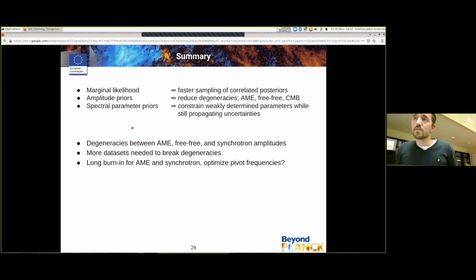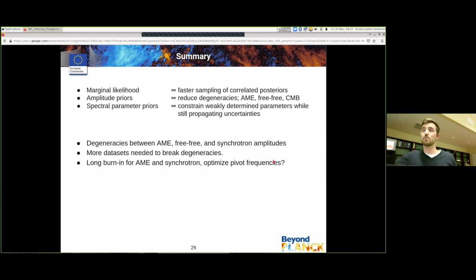What we've seen from this analysis is that there are clear degeneracies between AME, free-free, and to some extent synchrotron amplitudes that can go into the CMB component. And the only way that we can really constrain these better is to include more data sets. Additionally, we have also seen that for the spectral parameter sampling of AME and synchrotron, we have a really long burn-in time, and we're working on hypotheses of how we can improve this, where optimizing pivot frequencies is one of them.